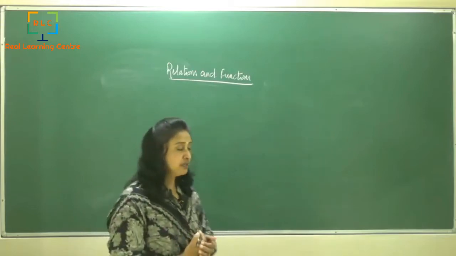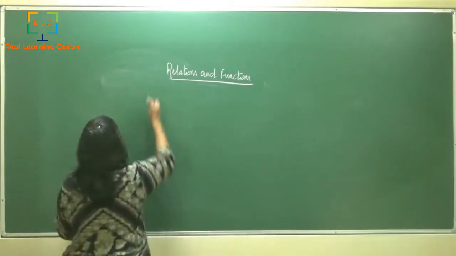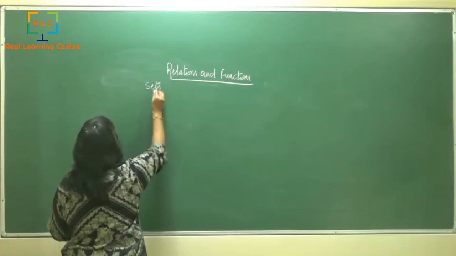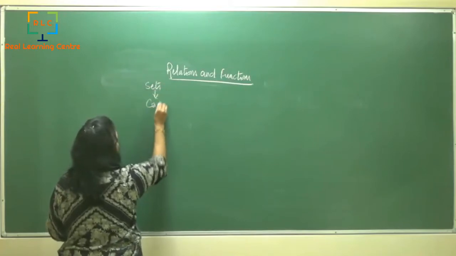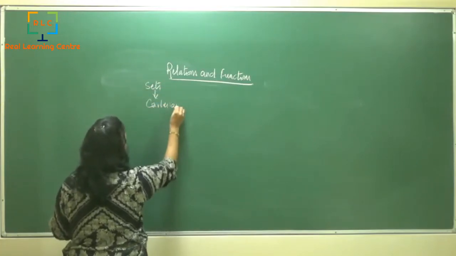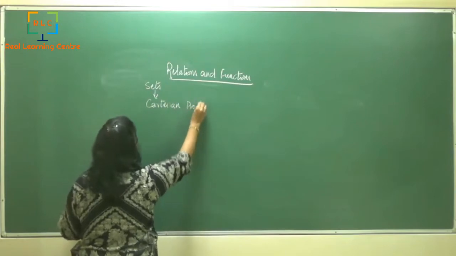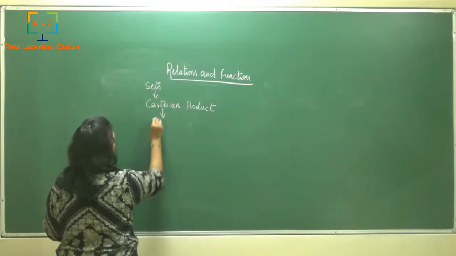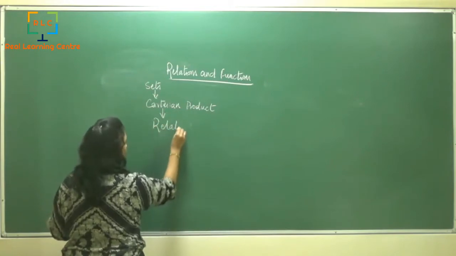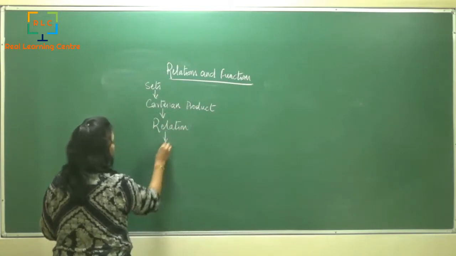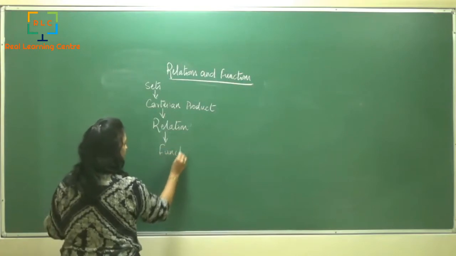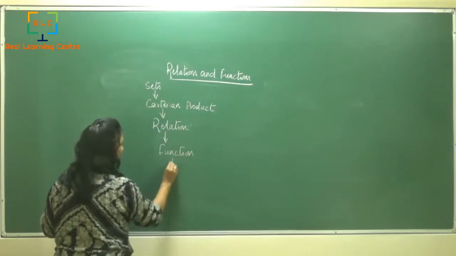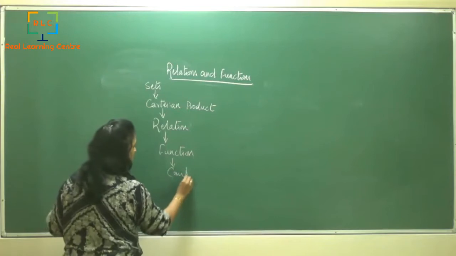Continuously be with me. See, from sets we get Cartesian product. None of all these you have learnt in last year. From sets you get Cartesian product. From Cartesian product we get relation, and from relation we get function, and from function we get composite functions.